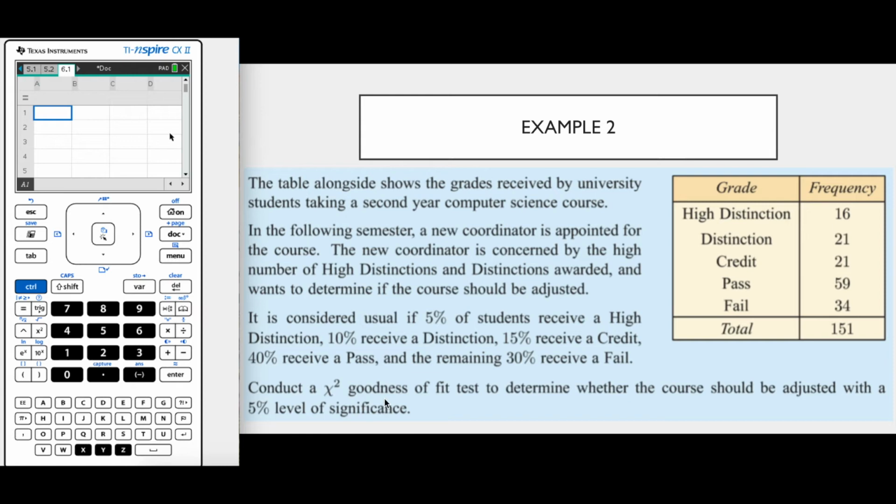Okay, for this question, we are given the expected distribution in percentages, and we are again given the observed data with a total of 150. So we're going to start by doing our alternative and our null hypotheses. The null hypothesis is that we follow the given distribution, 5, 10, 15, 40, and 30%.